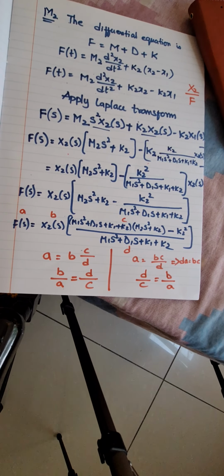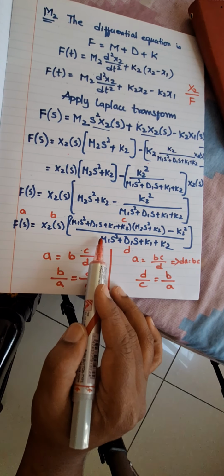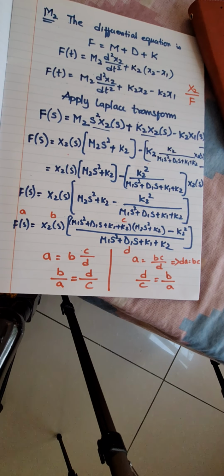Okay, so according to this, what happens? x2 by f is equal to this by this, right?